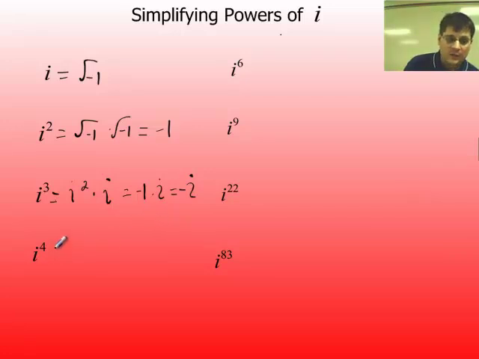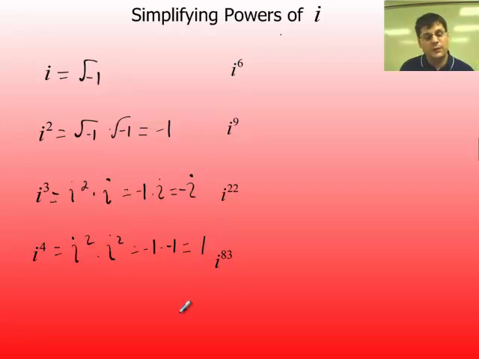And then i to the fourth is like saying i squared times i squared. If i squared is negative 1, that's like saying negative 1 times negative 1, which is positive 1. So therefore, i to the fourth is equal to positive 1.